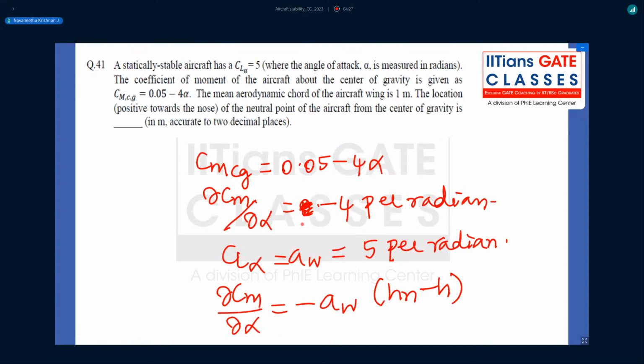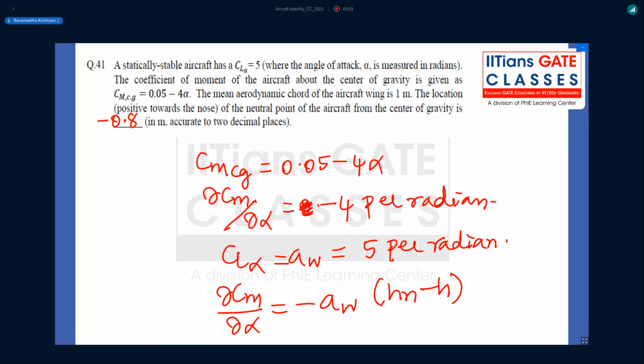They have mentioned that it is positive towards the nose, which means towards the tail it is negative. So the accurate answer is minus 0.8. In an actual scenario it is 0.8 only, since usually we measure from the leading edge to the trailing edge. But here, towards the nose has been given as positive in the sign convention, so it becomes negative.